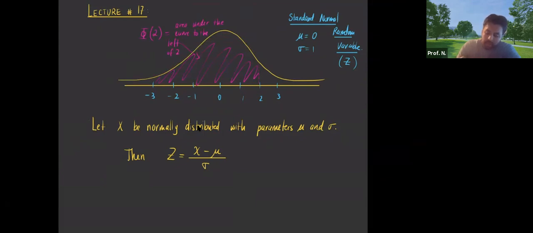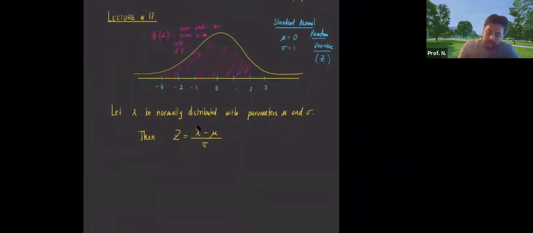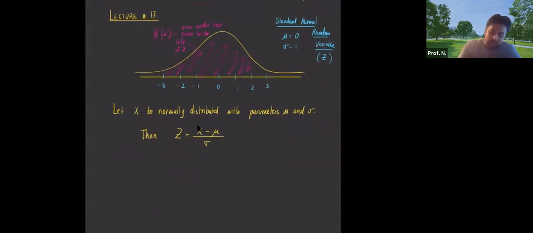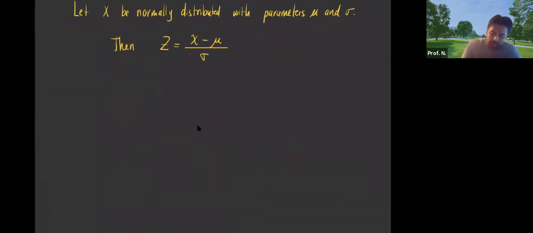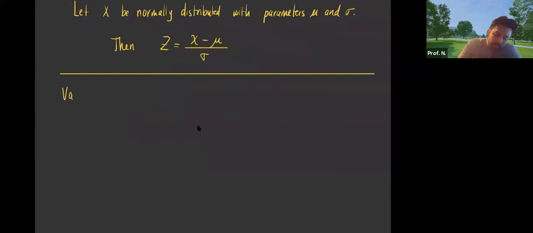And I want to touch upon one more thing with regards to the normal random variable, but before then, I think we have to discuss something called the variance. I don't think we have discussed it yet. The variance of binomials.